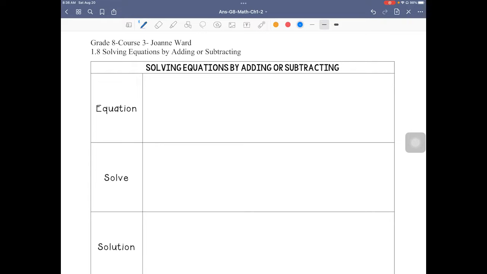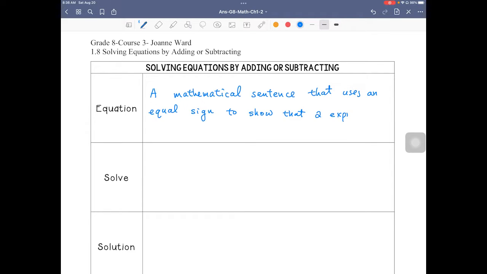An equation is a mathematical sentence that uses an equal sign to show that two expressions have the same value.